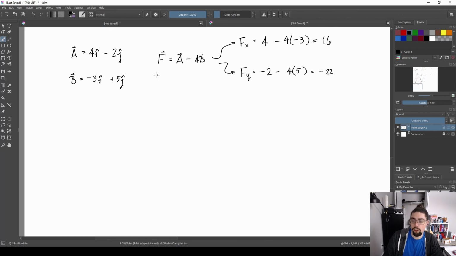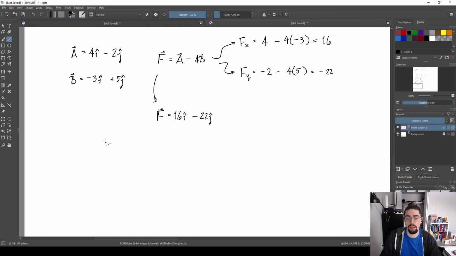That means the vector f in component form is 16i hat minus 22j hat. Perfect. Excellent start. That is part A out of the way.